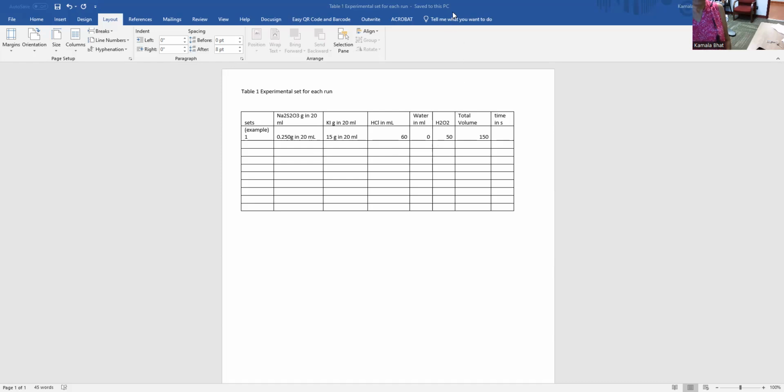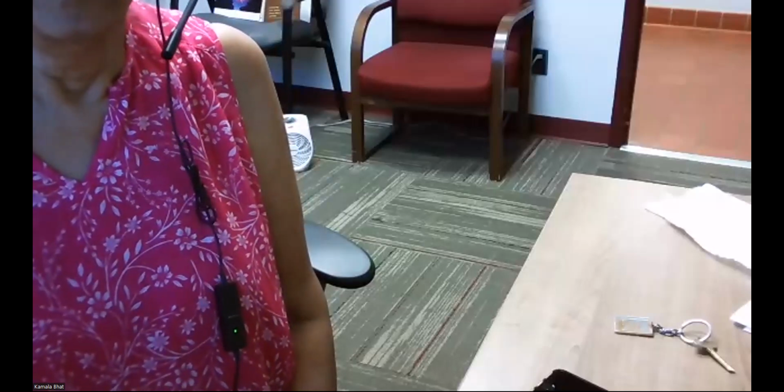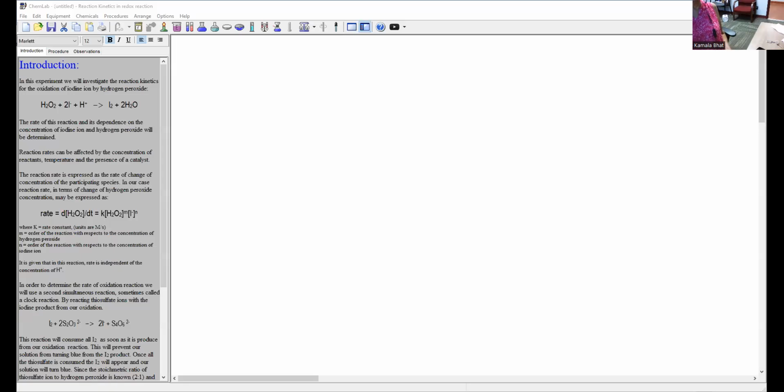Now I'm going to stop this share and then go back and open the experimental sheet. Now I'm going to show you the procedure, how I'm going to do it.